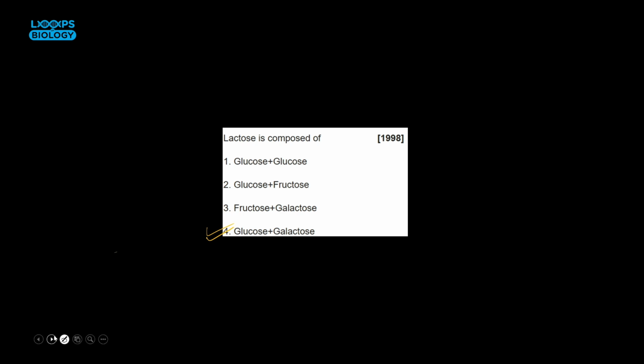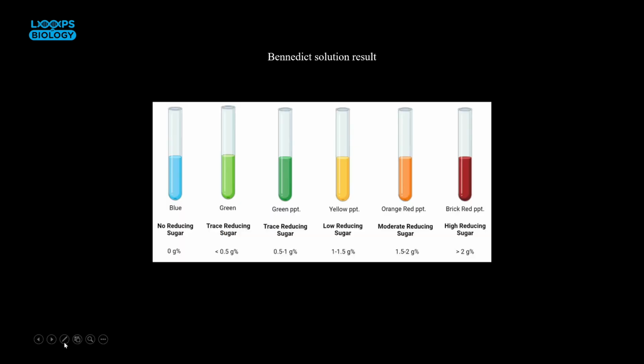If I am moving to the next part, that is Benedict solution. So to understand whether a particular compound is a reducing sugar or not, there is a test called Benedict solution.